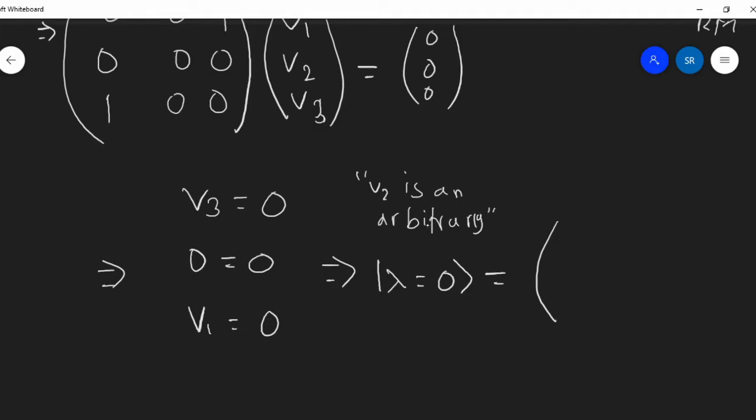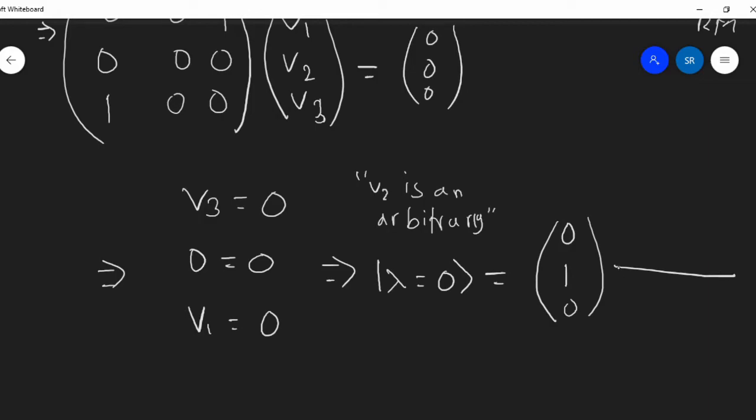So if that is the case, that means we could set v2 to whatever we want, and the final normalized eigenvector will be the same. So let's go with v2 equals to 1. And as you can see, we have to fulfill these two conditions, which is v1 equals to 0 and v3 equals to 0.